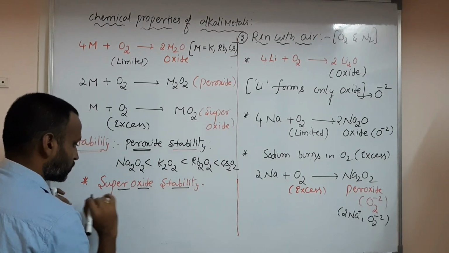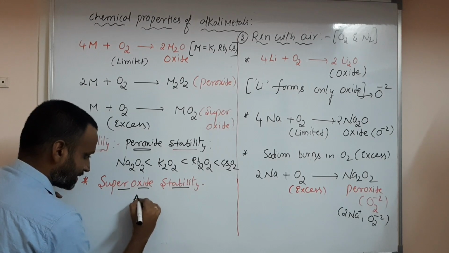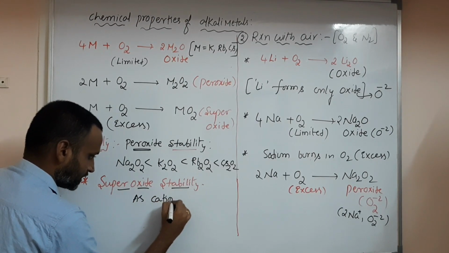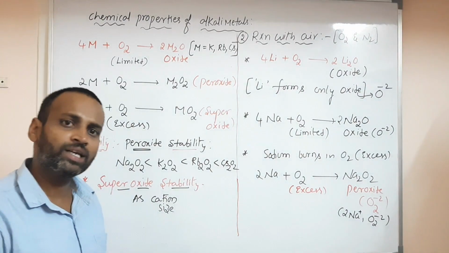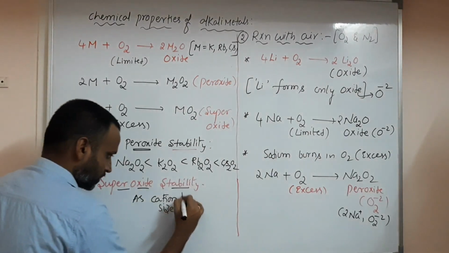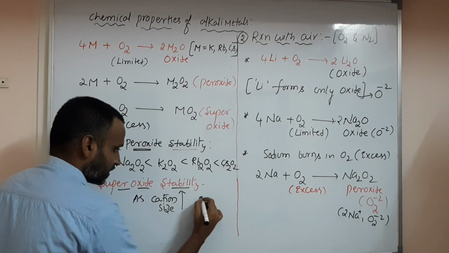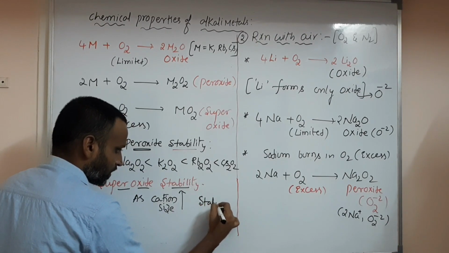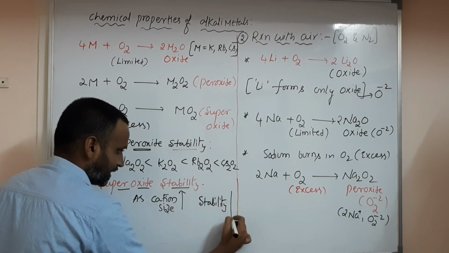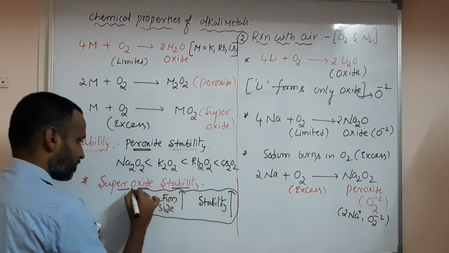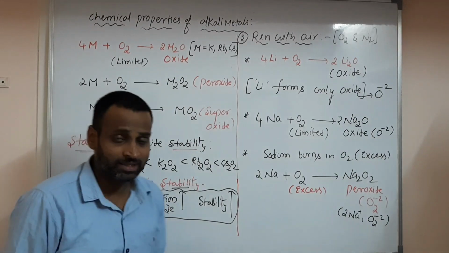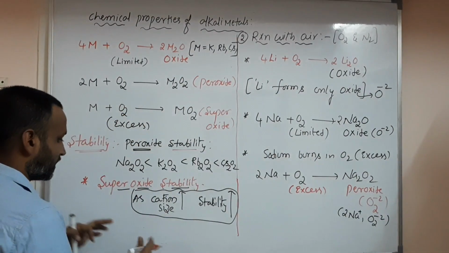I said very clearly, as cation size increases, it is applicable for second group elements also. As cation size increases, the stability of peroxide and superoxide increases. This is very, very important.